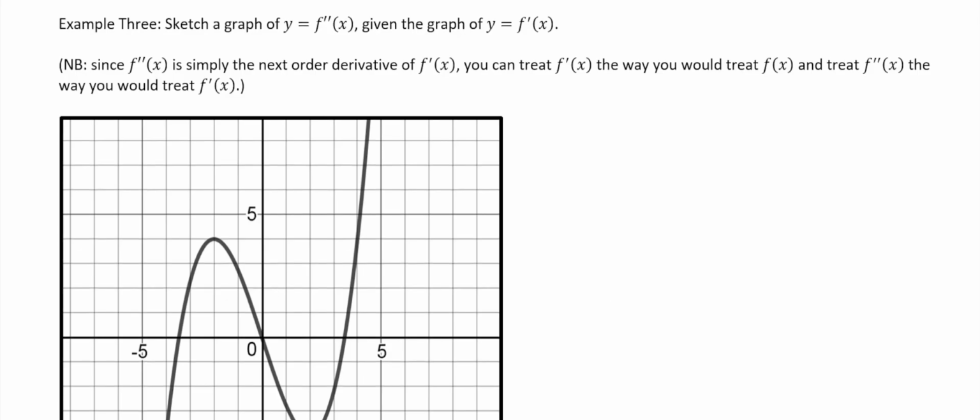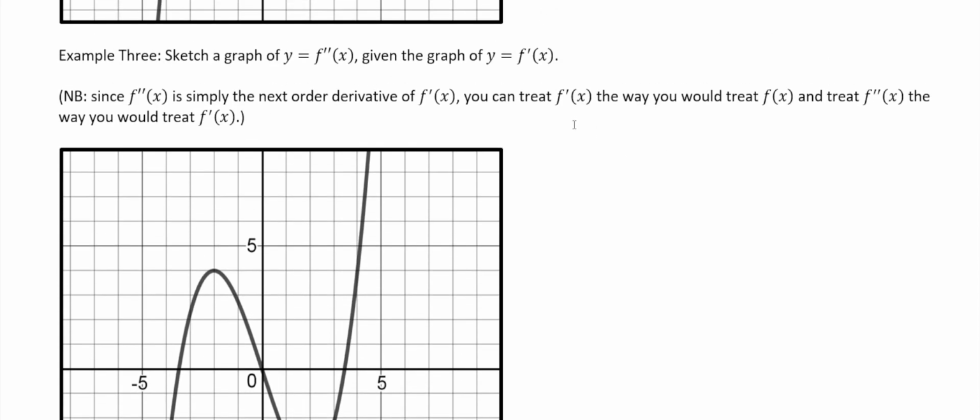Okay, last one over here. Sketch a graph of y equals f double prime at x, given the function y equals f prime at x. So effectively, I have f prime at x, and I need to find the second derivative graph. This is pretty straightforward. You can treat the second derivative as the next order derivative of the first derivative.